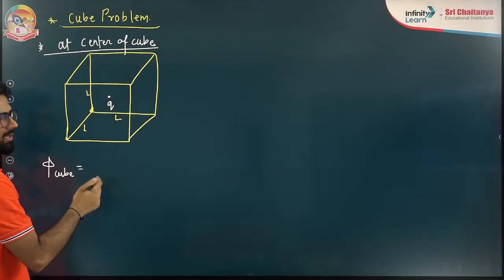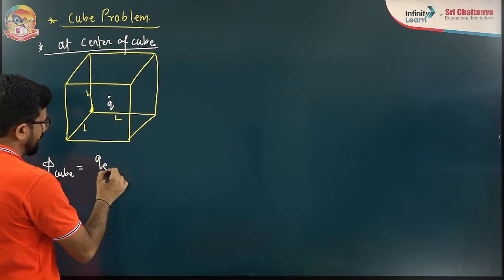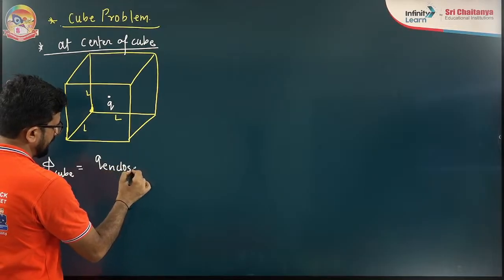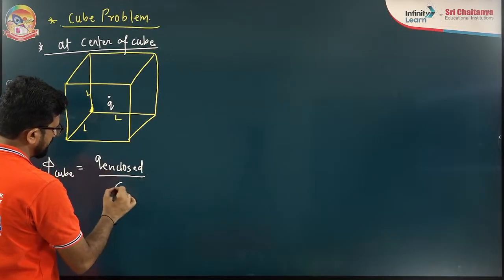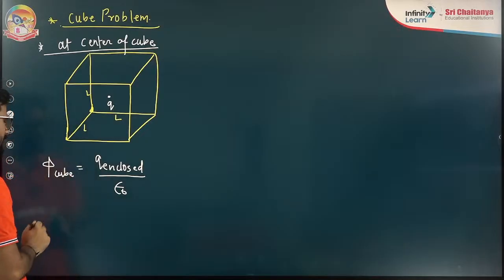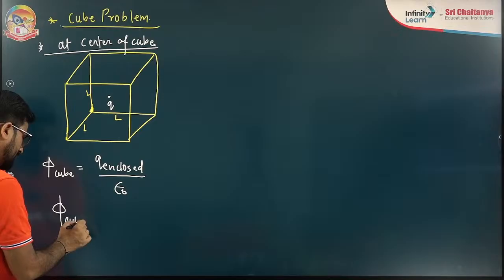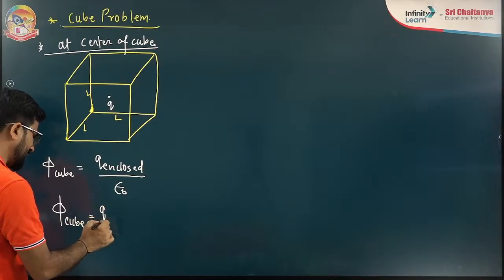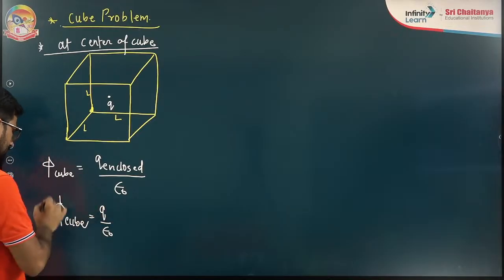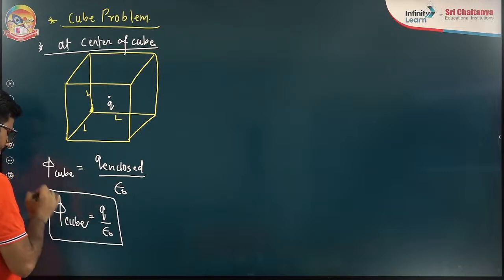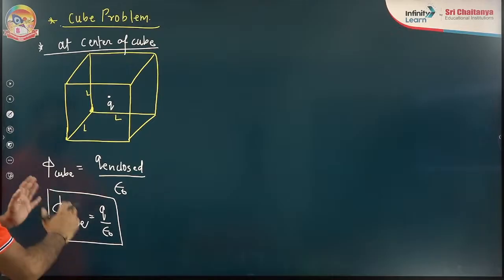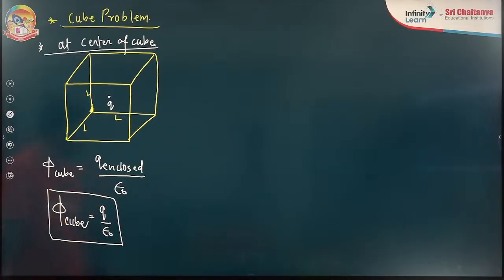So for a completely enclosed charge, you can say Q enclosed divided by epsilon naught. Using this formula, the flux related to the cube is equal to Q by epsilon naught. That is the very basic thing.